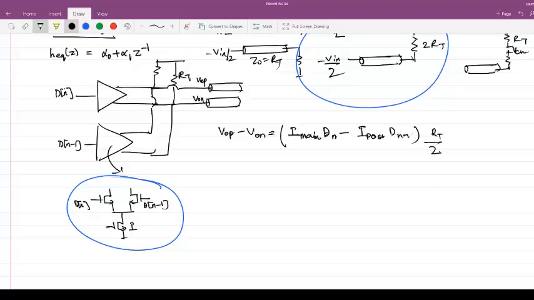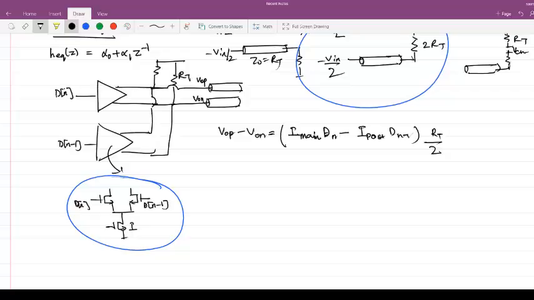I am writing whatever we have seen: the output swing for the previous case equals I naught into RT by 2, where I naught is the current in the tail current source. For the main cursor, which is Dn, the current is I main, and for the post cursor it is I post, so the output swing will be in this manner.